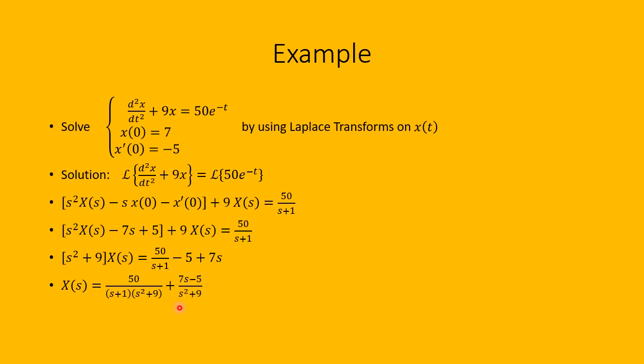Now when we look at this, we notice that in the denominator of this fraction and of this other fraction, we have an irreducible quadratic factor. What we saw before with partial fractions is that we handle these irreducible quadratic factors in the denominator slightly differently than distinct linear factors. So we'll have to see how to handle that.